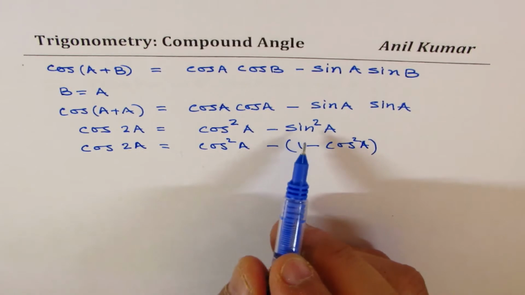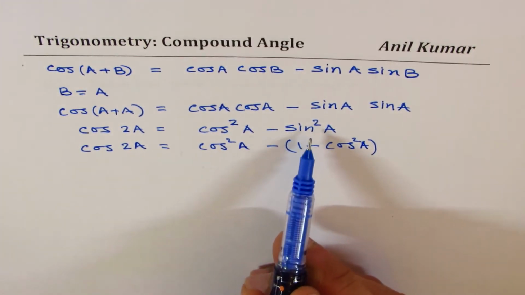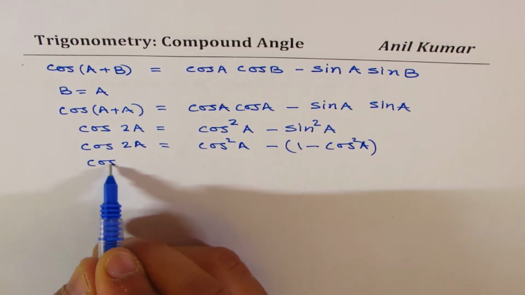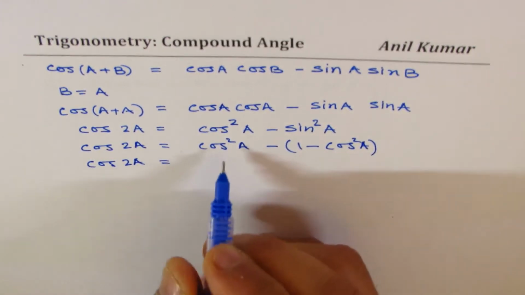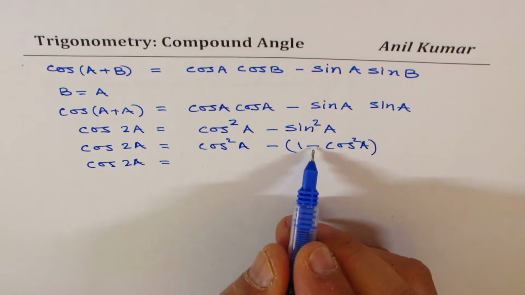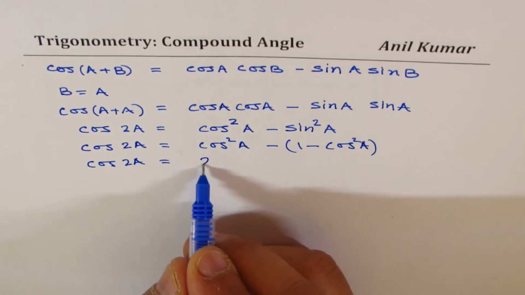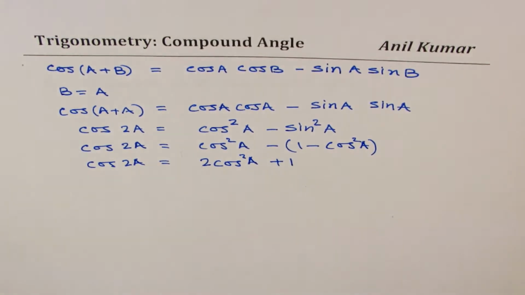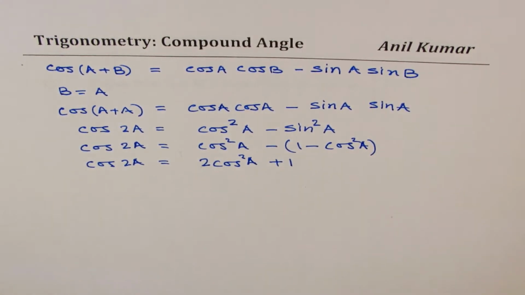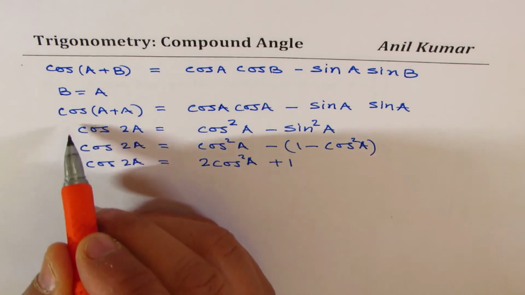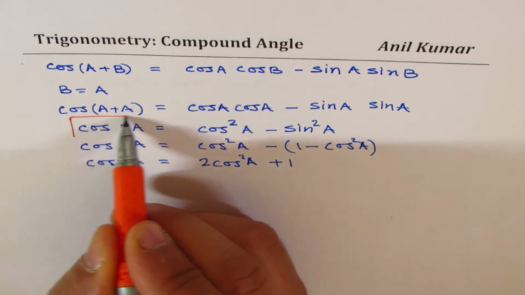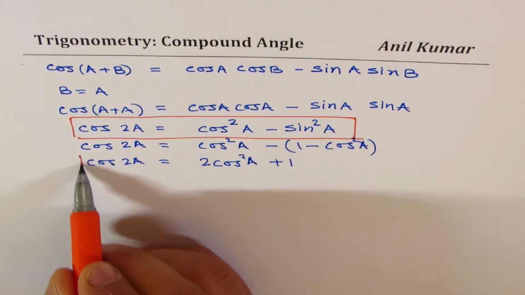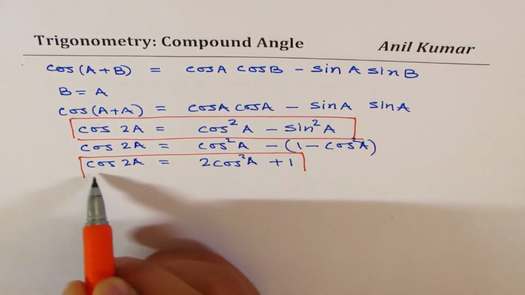Since we know that sin square A plus cos square A is 1, and when you open this bracket, we get cos 2A equals, so this minus minus becomes positive, so we get 2 cos square A minus 1. So there is a third formula which can be derived. However, we are going to use these 2 in our solution of the given questions. This is one double angle formula, and that's the other form of the same formula.